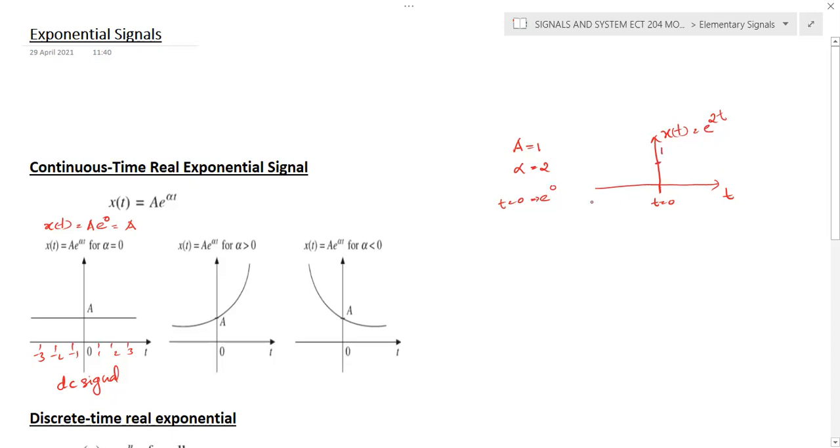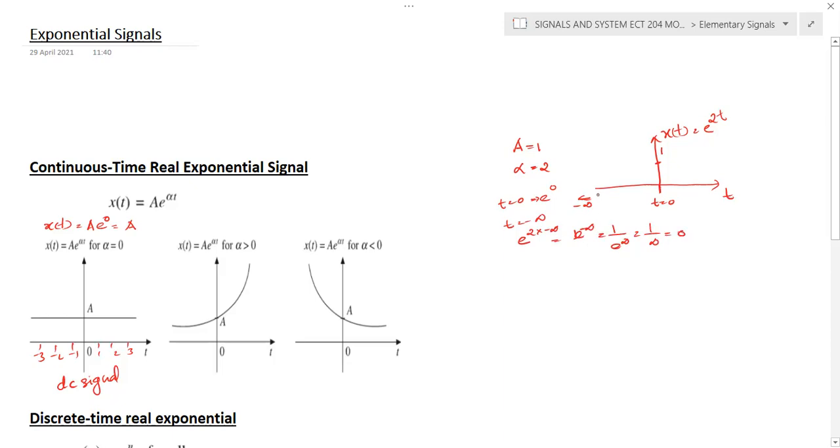And we can evaluate the value at t is equal to minus infinity, that is extreme left. When t is equal to minus infinity, it becomes e raised to 2 into minus infinity, which is equal to 1 by e raised to infinity. E raised to infinity is infinity, so 1 by infinity is approximately 0.